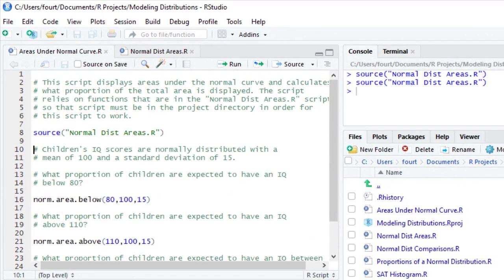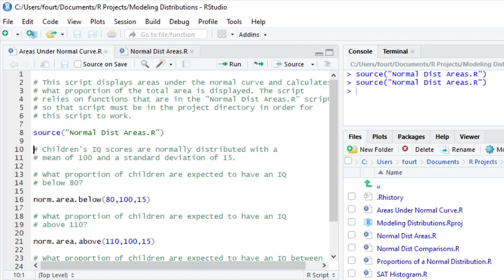Children's IQ scores are normally distributed with a mean of 100 and a standard deviation of 15. What proportion of children are expected to have an IQ below 80? I'm going to call on the function that I wrote called norm.area.below. The parameters of this function are the cutoff score of 80, the mean of 100, and the standard deviation of 15.